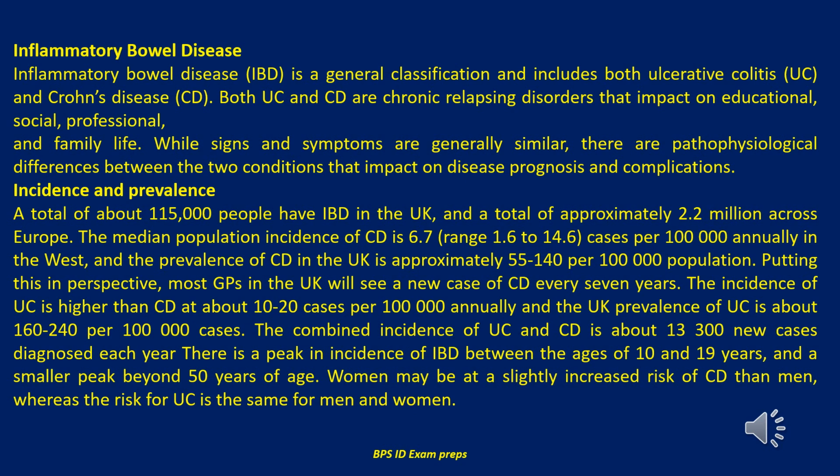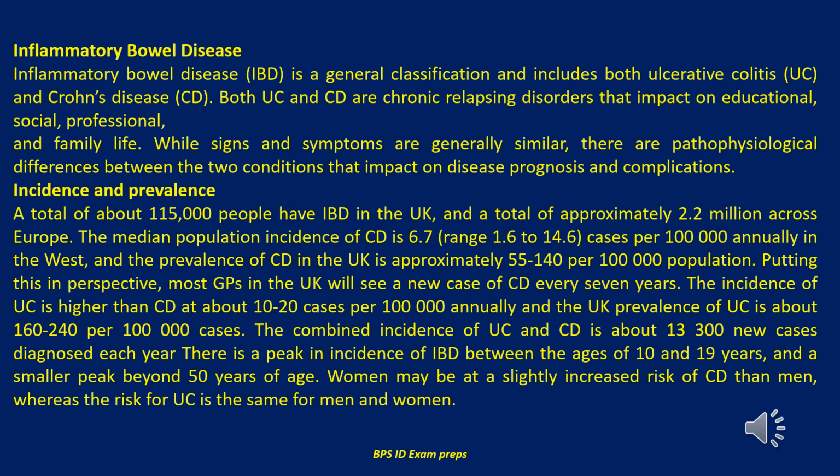The incidence of ulcerative colitis is higher than Crohn's disease at about 10 to 20 cases per 100,000 annually, and the UK prevalence of ulcerative colitis is about 160 to 240 per 100,000. The combined incidence of ulcerative colitis and Crohn's disease is about 13,300 new cases diagnosed each year.